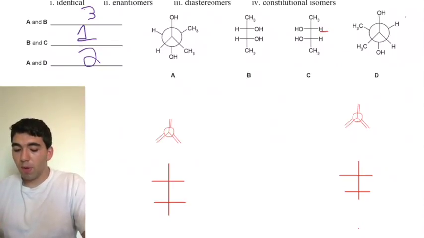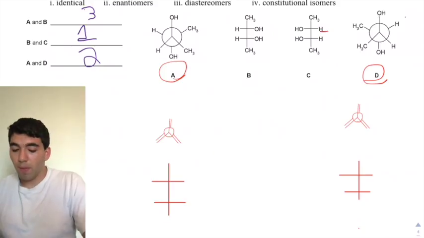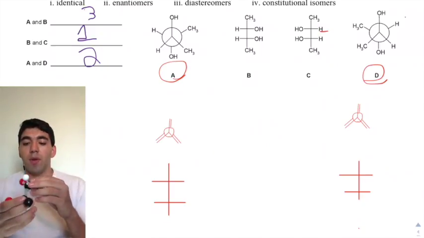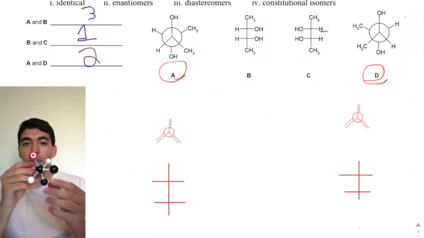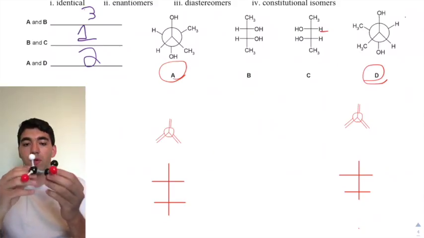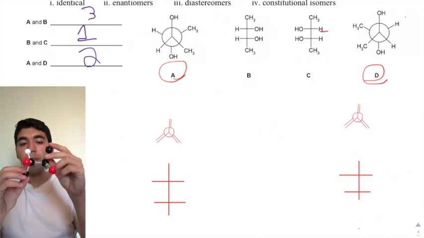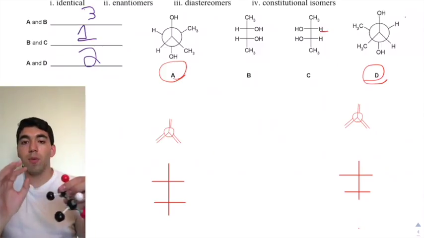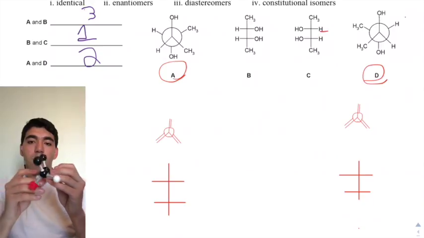So the best, faster way of doing this takes advantage of Fisher projections like B and C. If we convert all of these to Fisher projections, it's actually a lot quicker. To get this into a Fisher projection, I'd first have to know what makes the Fisher projection unique. Instead of the normal cis and trans configuration we see, it goes into that ring, and that actually makes it, on a Newman projection, eclipsed.